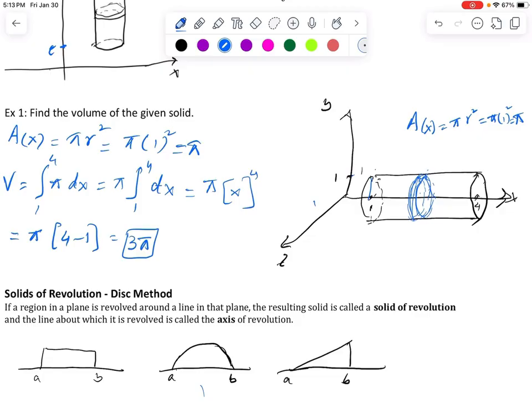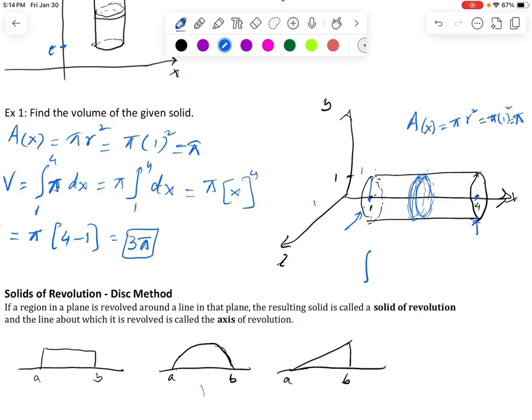So that is the area, and now we have to integrate. V is equal to the integral of pi dx, because our A(x) is pi, from 1 to 4, because this point is 1 and this one is 4, so a is 1, b is 4.